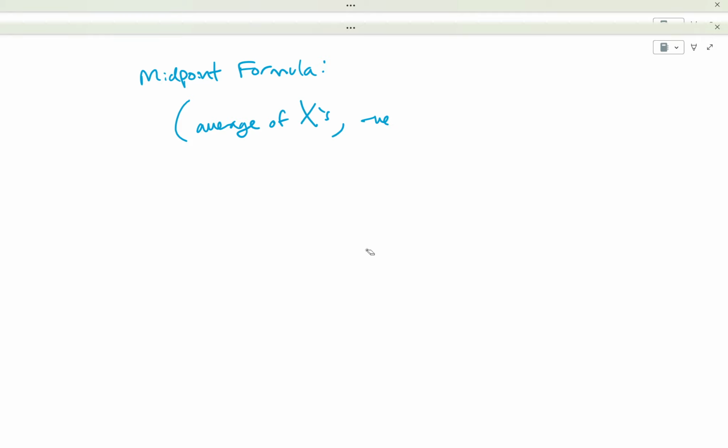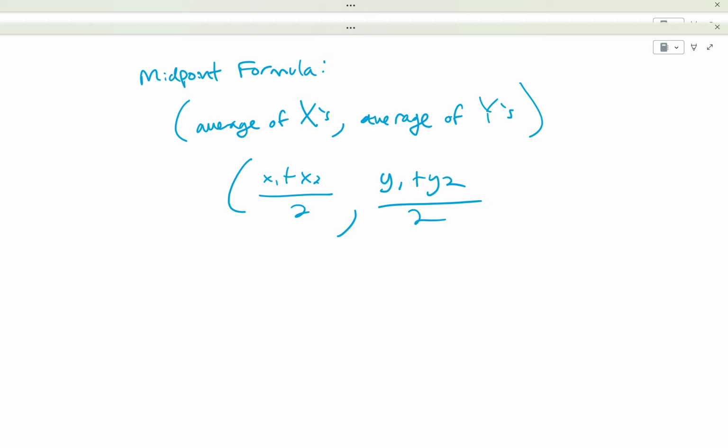Now, it's just kind of a funny thing because we're going to take an average between two things. In other words, we take both x's, we add them together, and then we divide by 2, and then we take both y's and we add them together, and we divide by 2. And that gives us the midpoint.